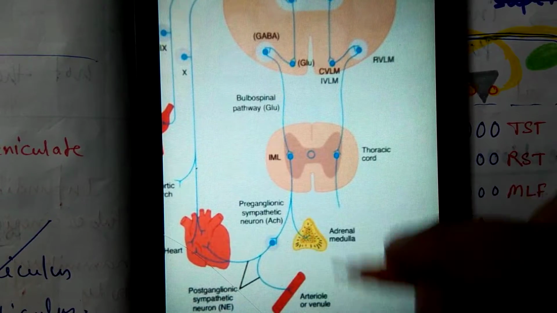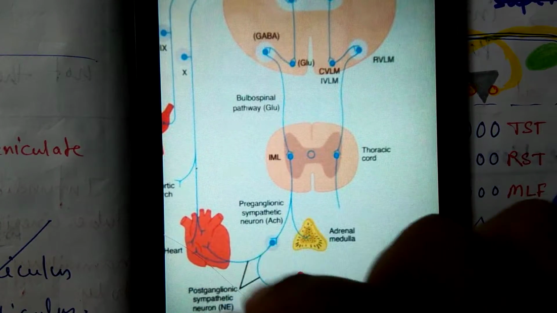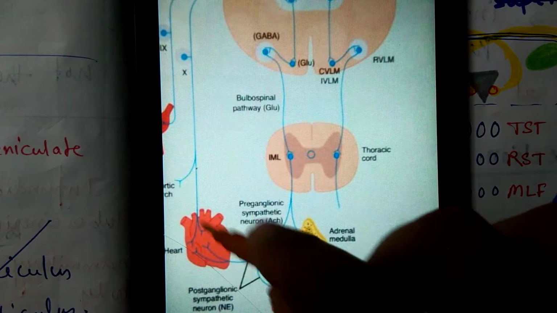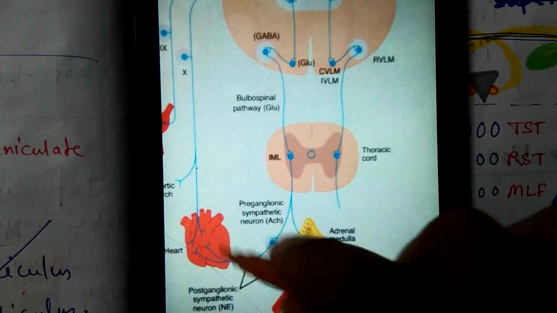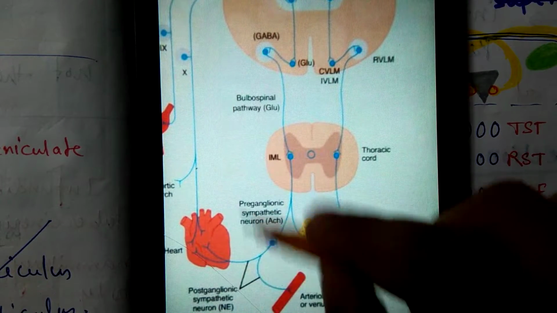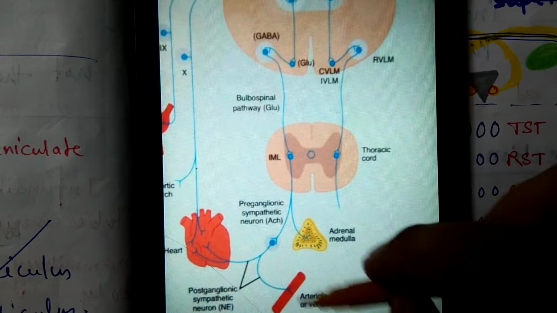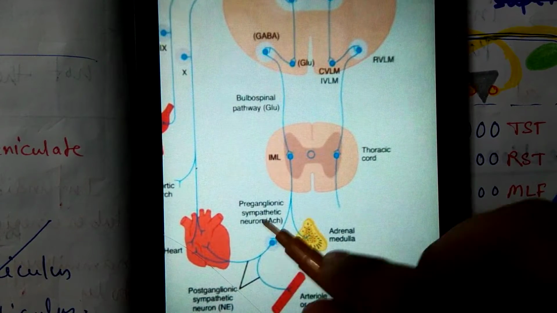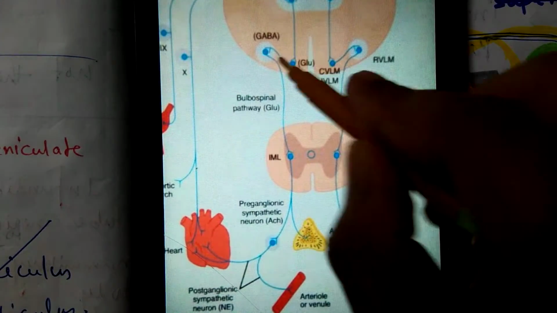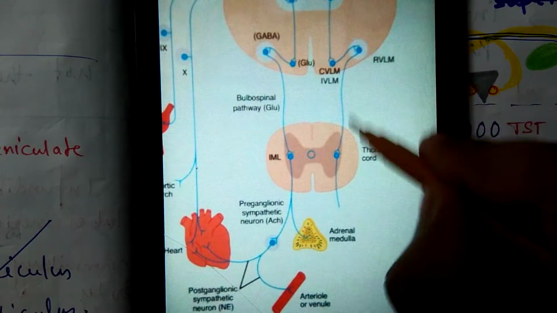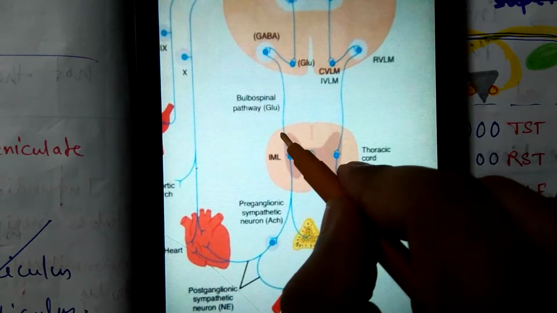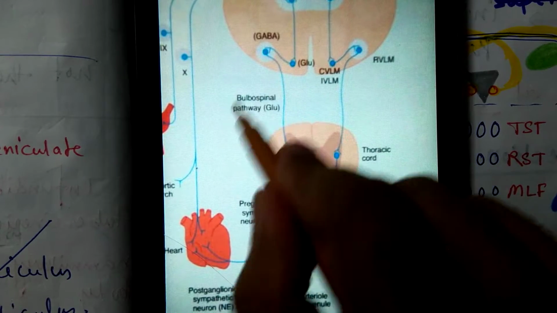The postganglionic sympathetic system, via the neurotransmitter norepinephrine, activates the heart, increases the cardiac output, increases the contractility of the heart, and also constricts the blood vessels, that means vasoconstriction.